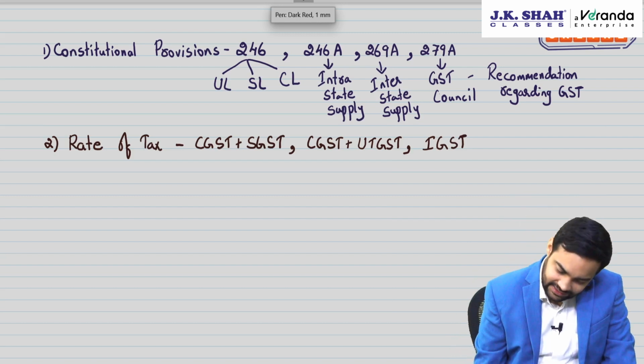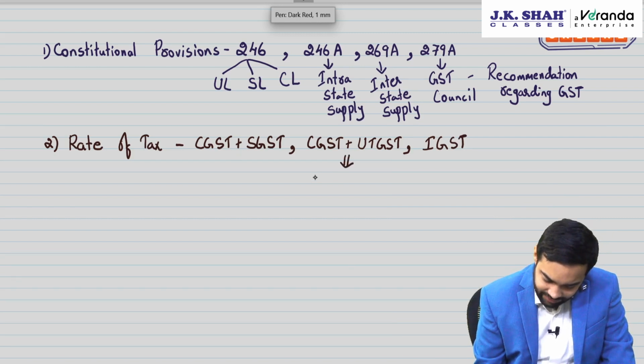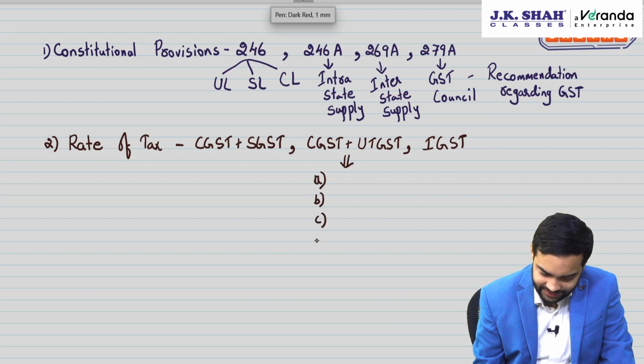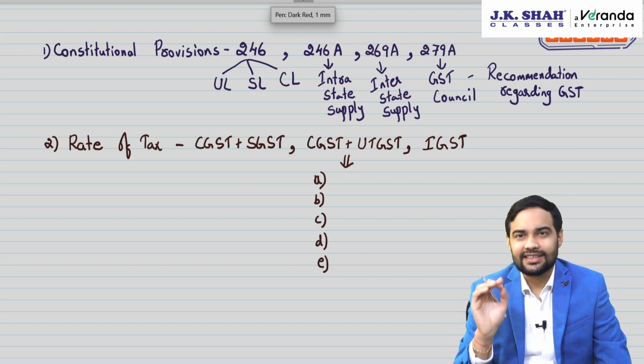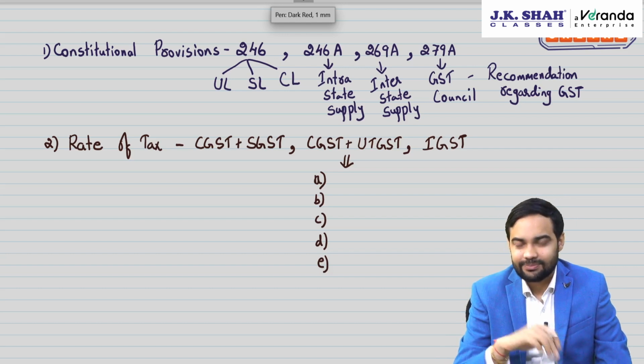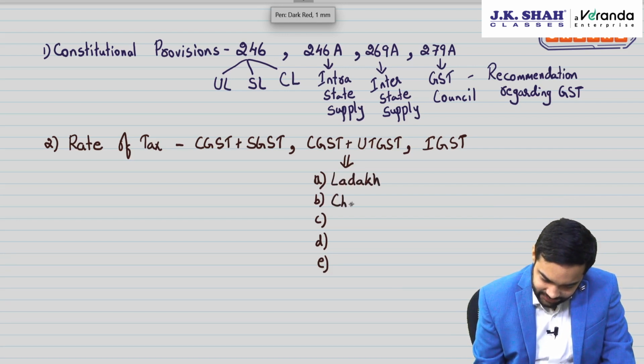Now CGST and UTGST is applicable when the transaction is within 5 union territories. If the transaction is within these 5 union territories, then you will charge CGST plus UTGST. The first union territory being Ladakh. Then you have Chandigarh.